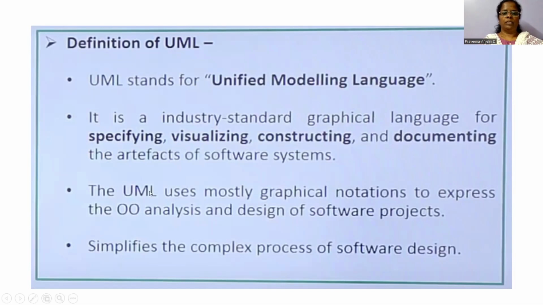UML uses mostly graphical notations to express the object-oriented analysis and design of software projects. We'll be studying the concepts of object-oriented analysis later. The purpose of UML is to simplify the complex process of software design in a very simple manner.